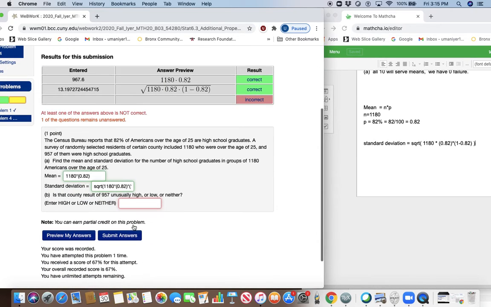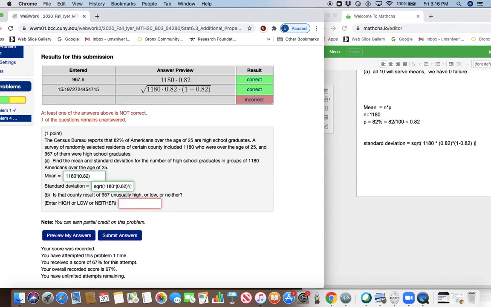Okay. Now, is 957 unusually high or unusually low or neither? Well, 957. How far is 957 from the expected value? Expected value is mean, 967. 967 and 957, they differ only by 10.